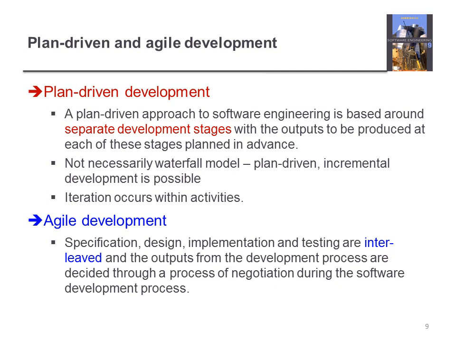This slide provides a comparison between plan-driven development and agile development. The plan-driven approach to software engineering is based around separate development stages, with the outputs to be produced at each of these stages planned in advance, which means the software processes are going to be separate.